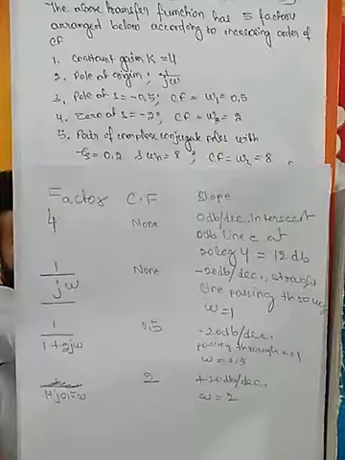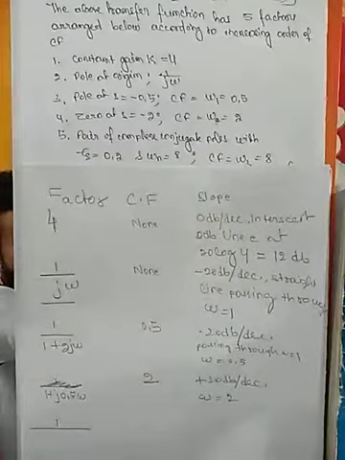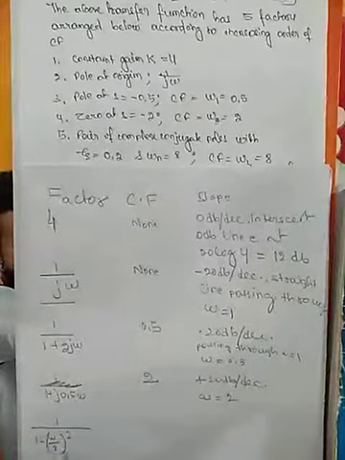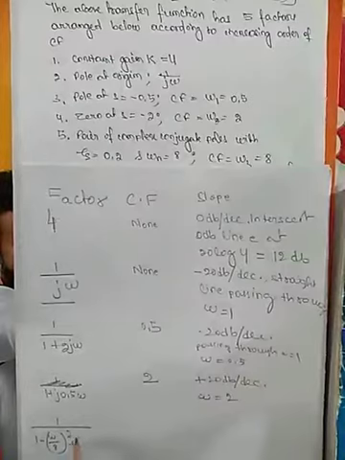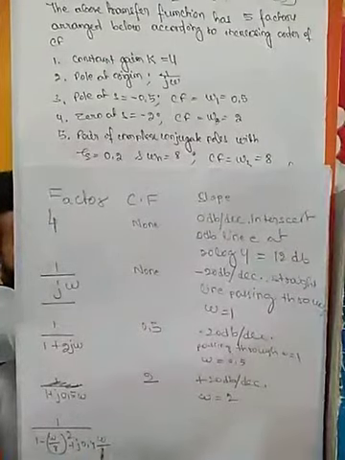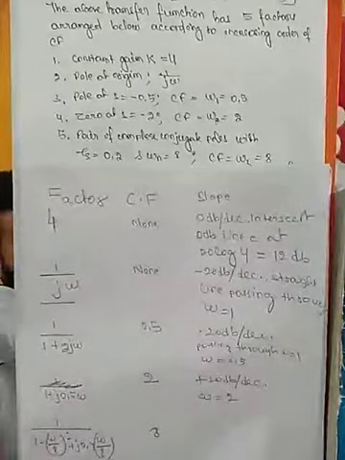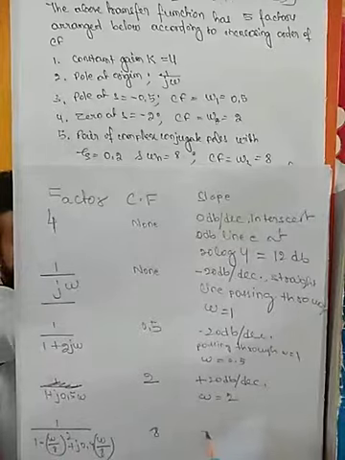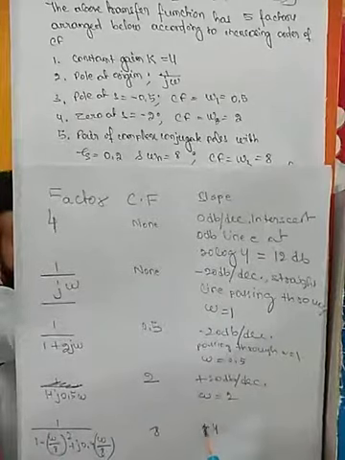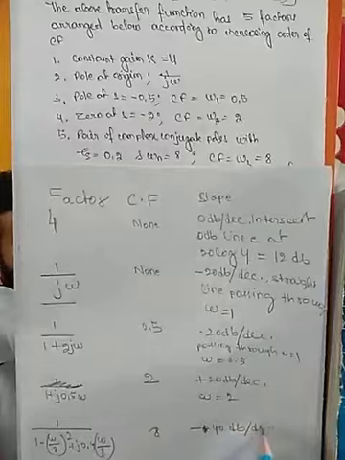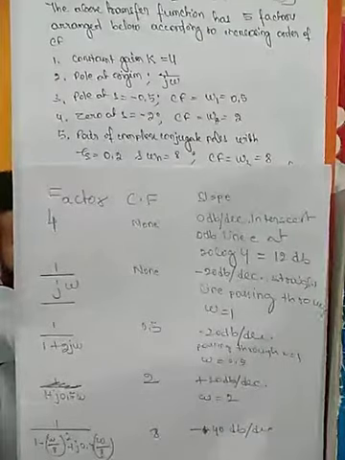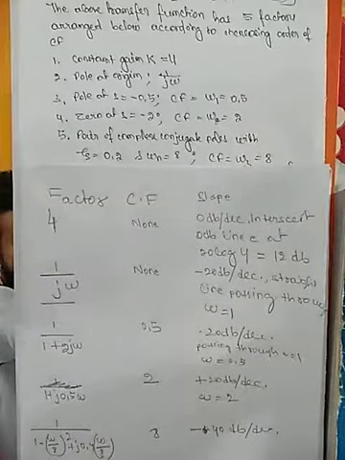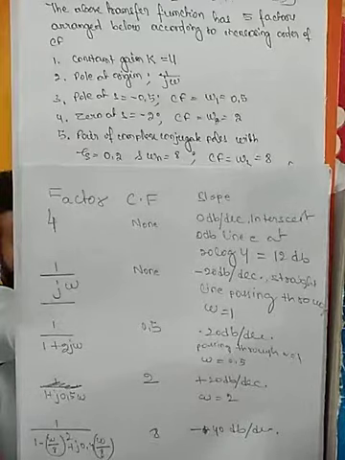The next factor is the pair of complex conjugate poles, 1 plus j 0.4 omega by 8 and so on. Corner frequency is 8. It has a straight line having the slope of minus 40 dB per decade. You remember, for zeros it is plus 20 dB per decade, plus 40 dB per decade, plus 60 dB per decade, like this.